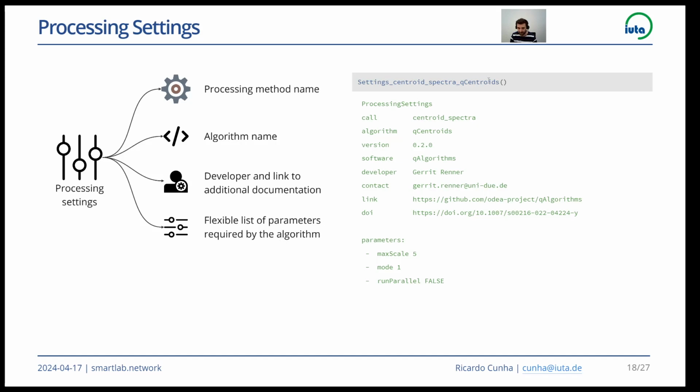As an example, I give here the centroid spectra method, which uses the algorithm QCentroids from the qAlgorithms software, which is developed by Gerrit Renner and his group at the University of Essen. This is already published, and you can have a look at the publication. We have integrated this as a method into the MassSpecEngine for centroiding mass spec data from profile to centroid.